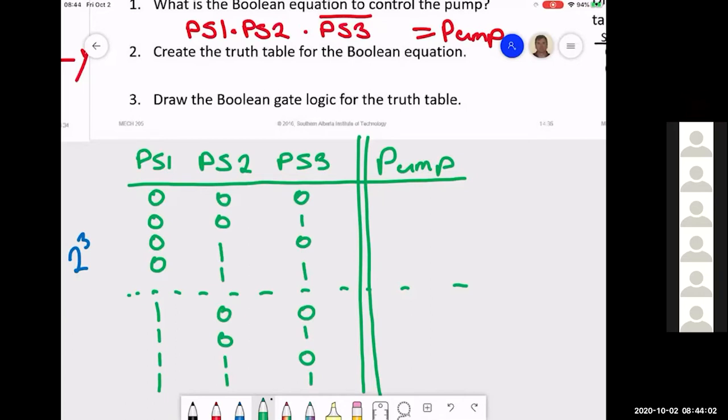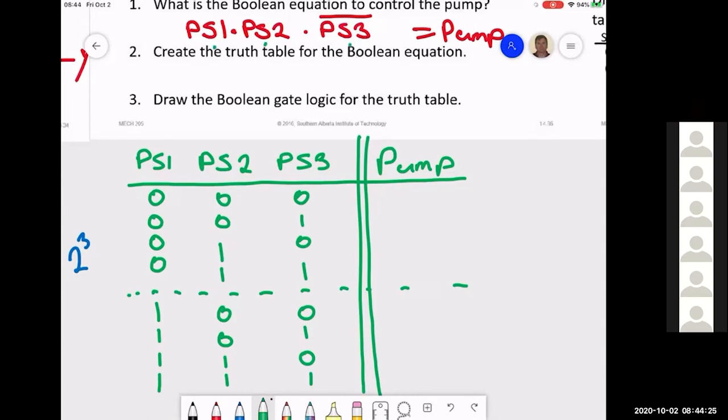Okay, and now the part is the pump's output. What are the outputs going to be? Well, if we look back to my Boolean equation at the top, for the pump to turn on, PS1 has to be true, PS2 has to be true, and PS3 has to be false.